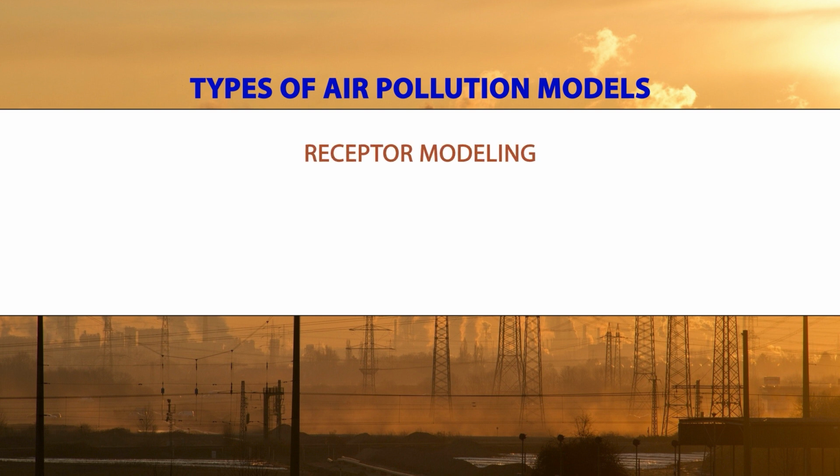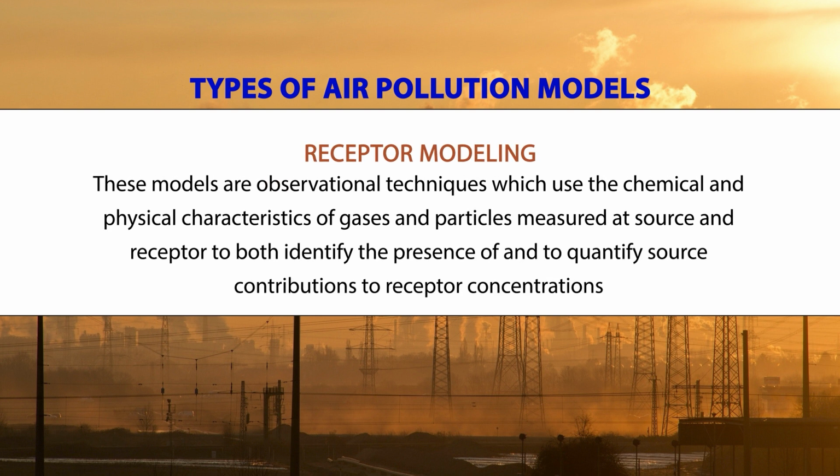Whereas receptor models are mainly based on ambient concentrations. This is another kind of model where the concentration of pollutants in a given location is monitored and quantified by various techniques using measurement equipment like PM10 samplers or gaseous sampling units.